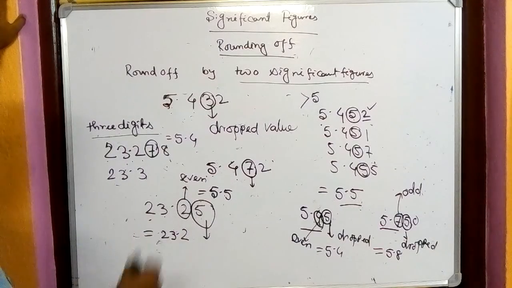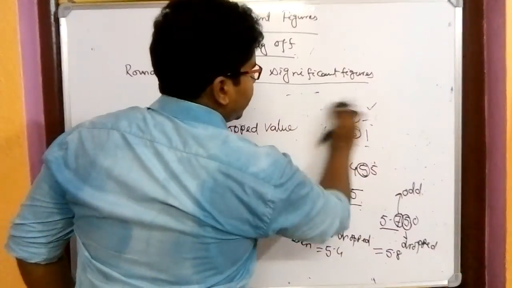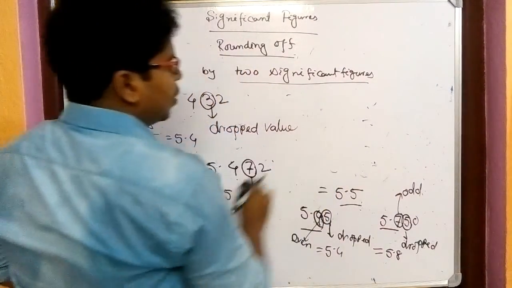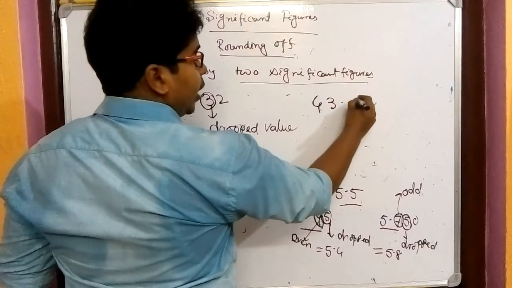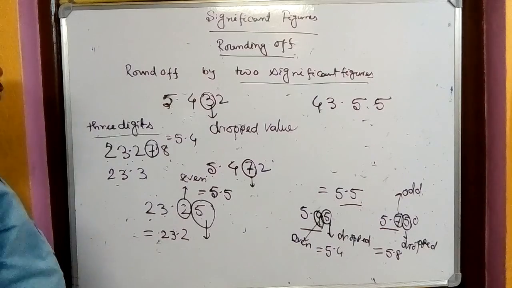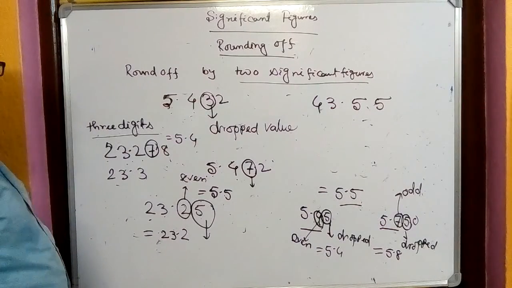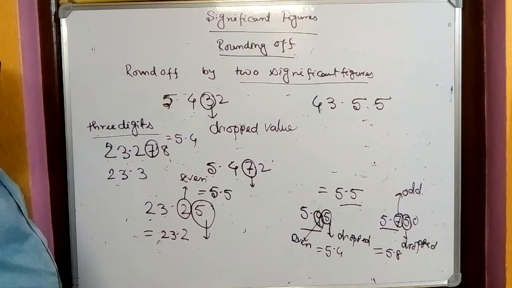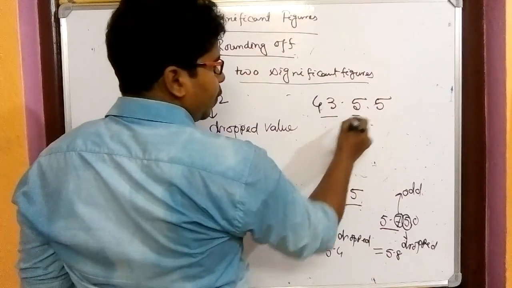Instead of 23.2, if it is another number, let's see. Okay, I think you can understand. It is 43.55 and it is told you have to round off to 3 digits. Now you can see it is 43.5.